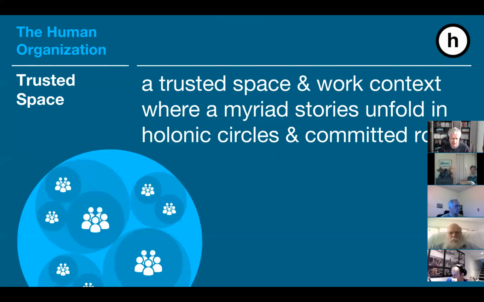This just says, okay, there's work, there's circle within circle, there's a holonic thing that naturally aligns with the way we build the social ledger. And that's why I bring it up as a way to describe this trusted space and the work context.